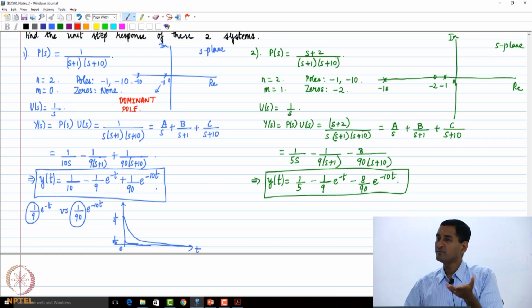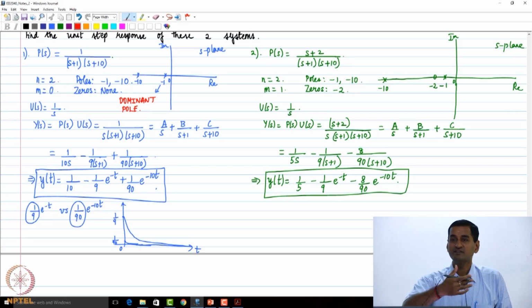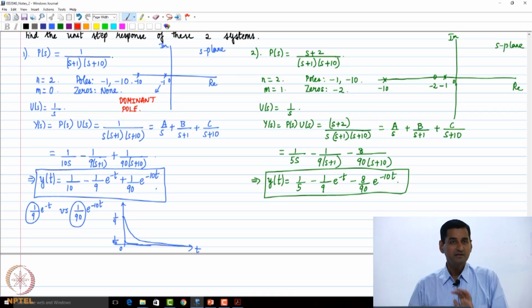And why are they called dominant? Because you can observe that those poles come as the exponents of the exponential function, and they are going to have a more lingering effect on y of t than those which are farther away into the left half of the s-plane. Okay, so that's why they are called dominant poles. Please remember this discussion. Is it clear what we discussed?